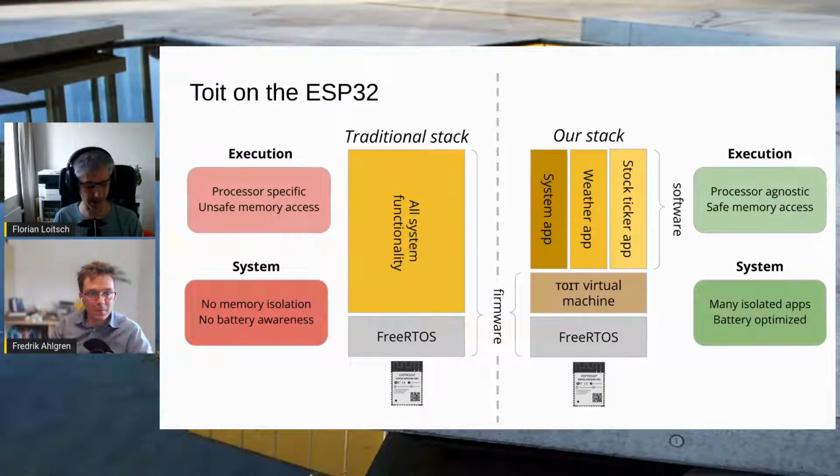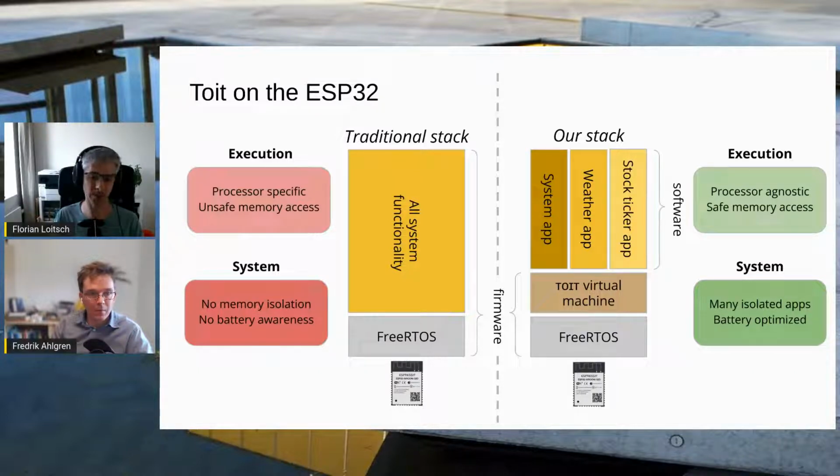So if you now look at the way we do it, our stack still has the ESP32 and FreeRTOS at the bottom, but now we add a virtual machine just above. That virtual machine, for one, abstracts away the ESP32, but it also means that we can make sure the virtual machine separates the individual applications, gives them resources, and makes sure the resources are correctly handled.